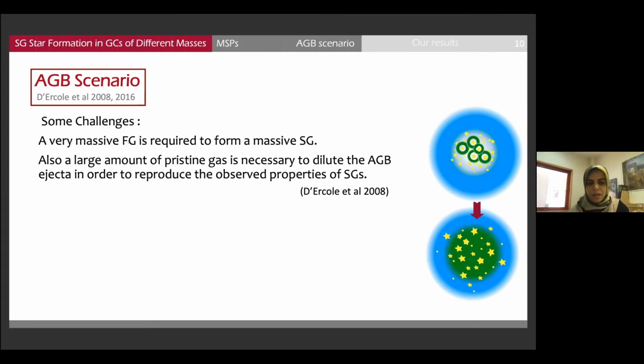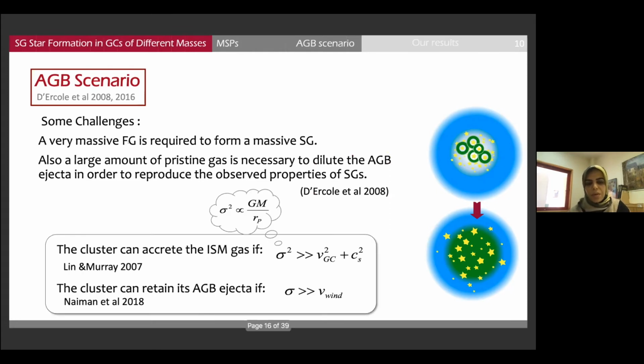So in the AGB scenario, the cluster has to retain its AGB ejecta and has to accrete the pristine gas from the ISM. From previous analytic study, we know that the cluster can accrete the ISM gas if this relation is satisfied, and the cluster can retain its AGB ejecta under this condition. But let's see what the simulations show.